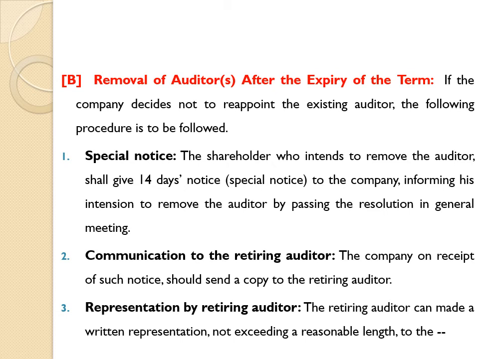So communication is essential. Two types of communication. Mostly written communication is very important rather than oral communication. In written communication, a company writes to the retiring or removing auditor about the notice given by the shareholders for removal.